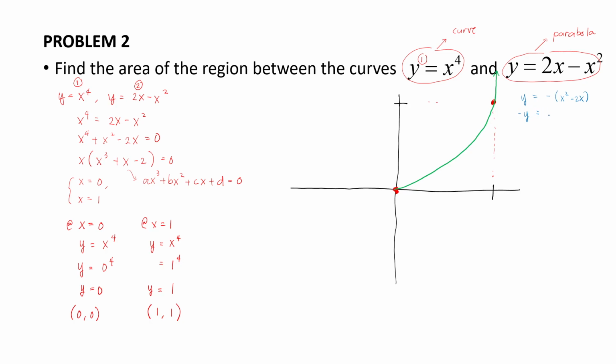So it's negative y and then x squared minus 2x. Okay, so it's opening downwards. So that's the shortcut thing that you need to do.